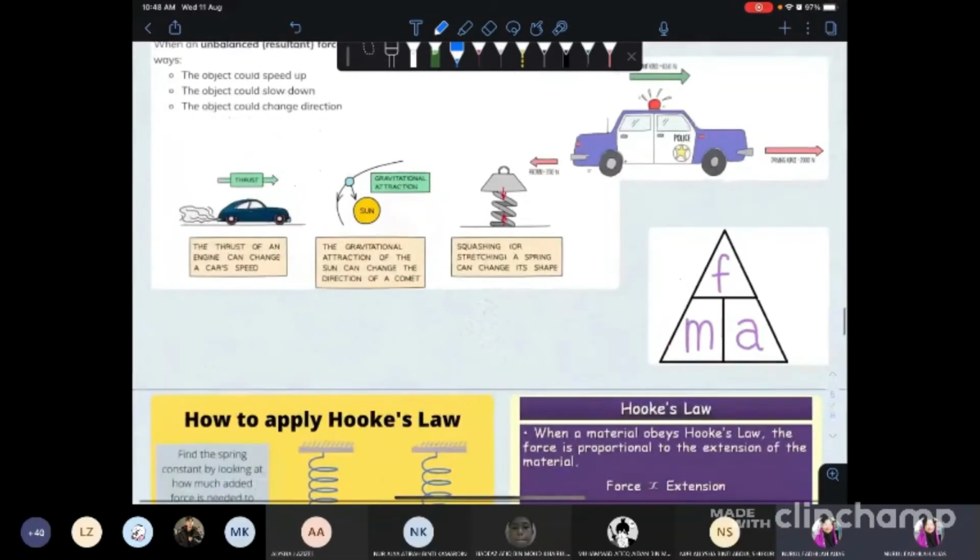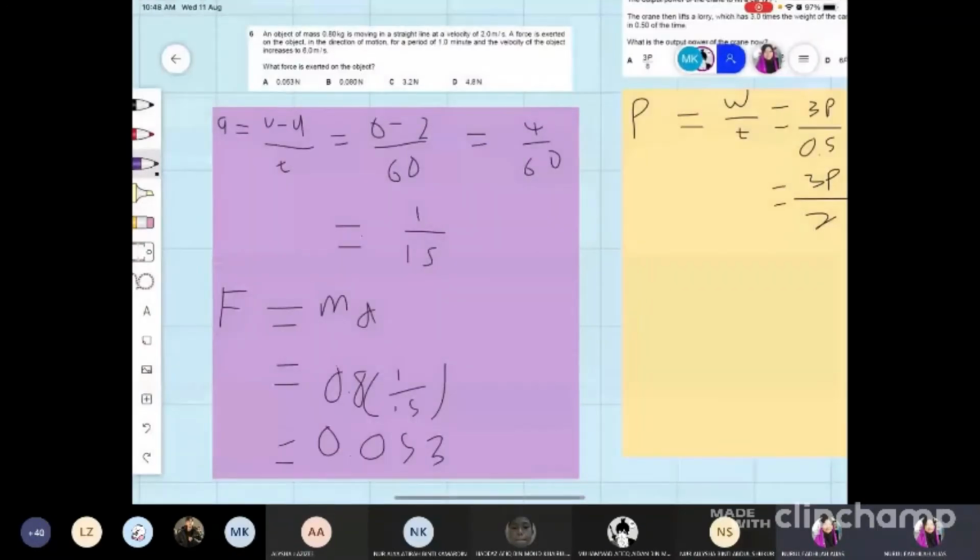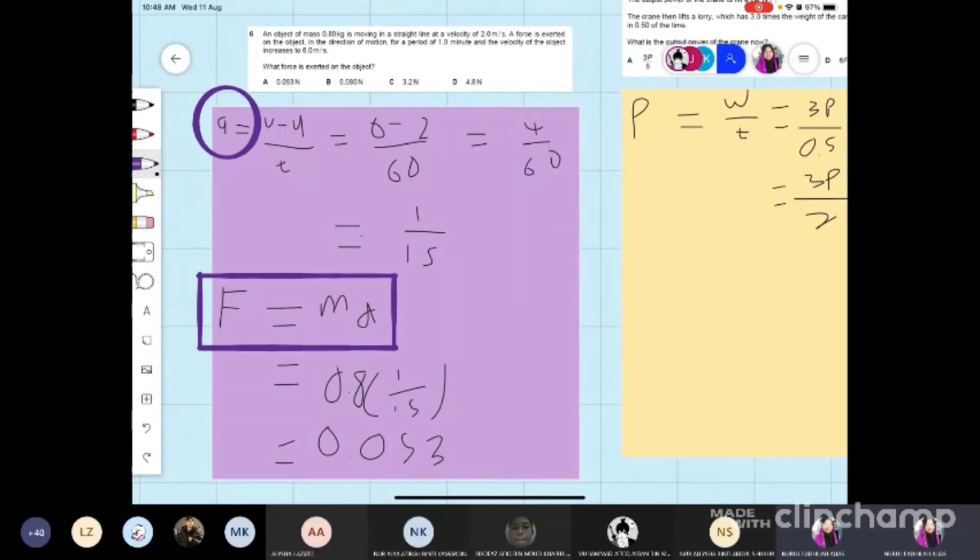So let's go back to the question tadi. Right? So this one, your friends, what force exerted? A equals to V minus U over T, very good. So you need to find A first because we want to use this formula F equals to MA.